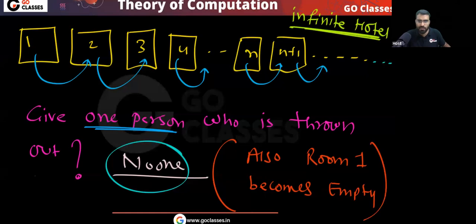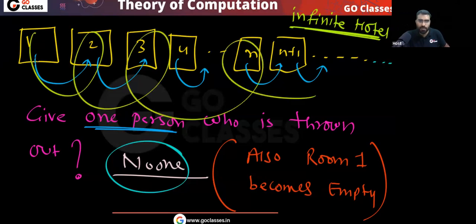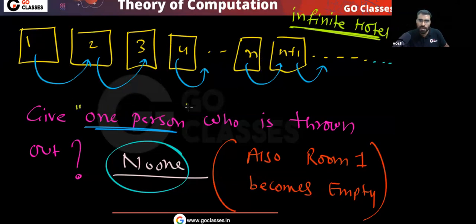A simple question I want you to answer. If you are thinking, see, it's already full, I agree. Every room is occupied, every room is full. But if I do this, can anyone give me at least one person who is thrown out? No person is thrown out because this is the infinite hotel.